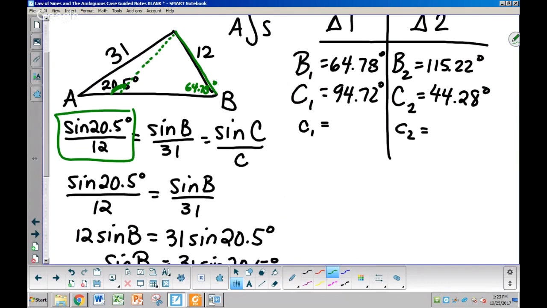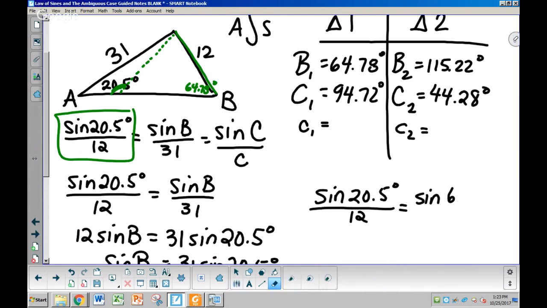Now, how do I find little c1? I go back to my go-to ratio, and then I use the c1 angle to find the little c1. Does that make sense? We're going to have to do how many times? Twice. So this is going to be the sine of 20.5 degrees over 12 equals the sine of 94.72 over little c1.